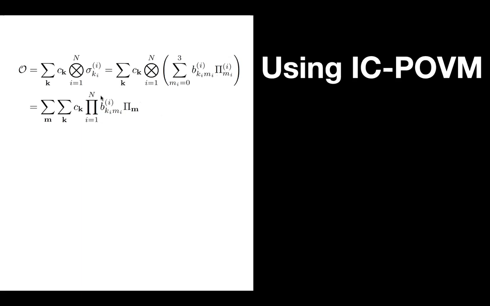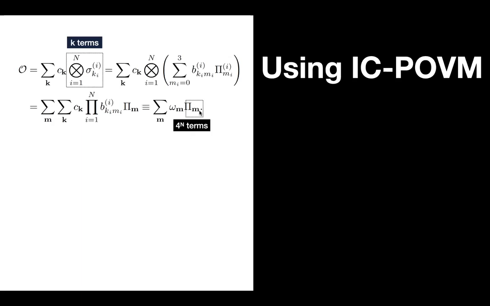Then I'm rearranging these terms, and I call omega m all this term that appears in front of the pi m. So I start from an expression which is a sum of k terms, and I end up with an expression which is a sum of 4 to the n terms, because we have 4 effects and n qubits.